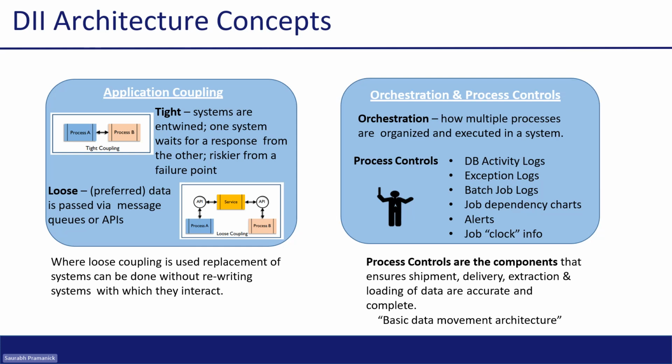If it is very tightly coupled, it will have a synchronous interface, like a monolithic architecture. So one system will wait for the other because of this tight coupling. Now this might be a little riskier compared to modern architectures, which are more microservice-based, where you are trying to loosen the coupling.